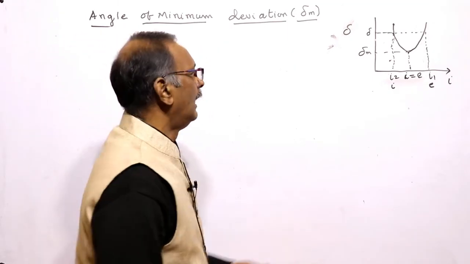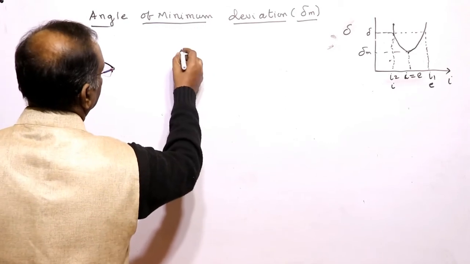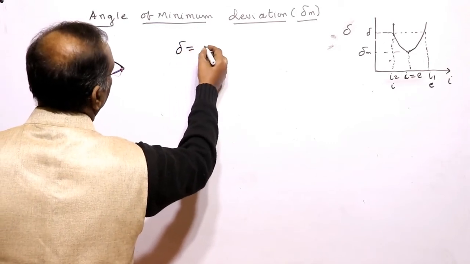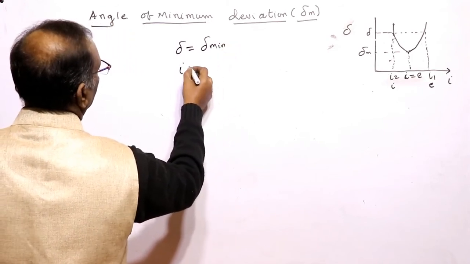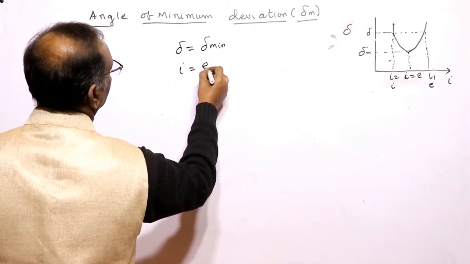Therefore, at minimum angle of deviation, the angle of incidence is equal to the angle of emergence.